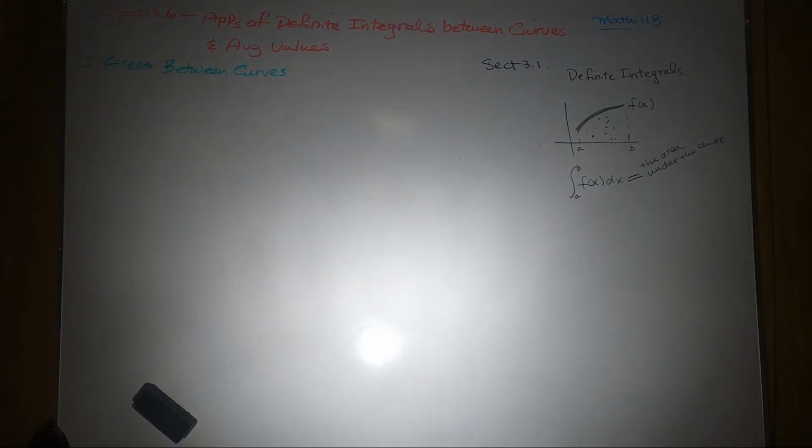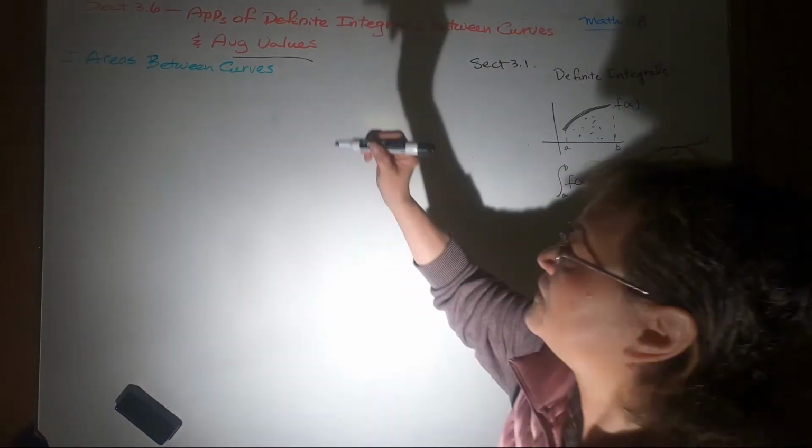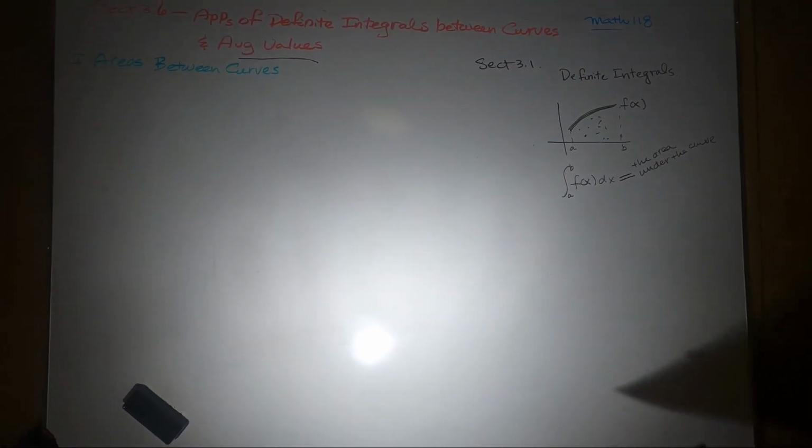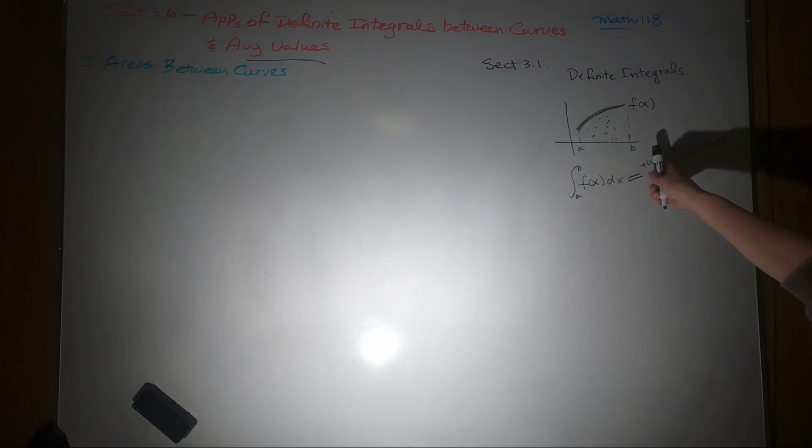Okay, so we are going to use this concept to do something called average values. Then we will see why we have to learn that. Before we go to find the average values, we practice some more.